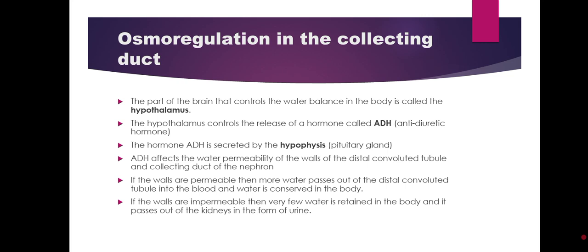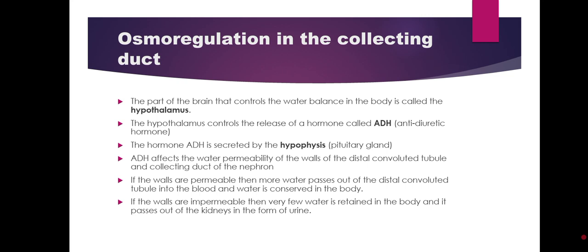Let's say water levels are above normal. When water levels are above normal, osmoreceptors detect this, then it will stimulate the hypothalamus. Now the hypothalamus will secrete less ADH.